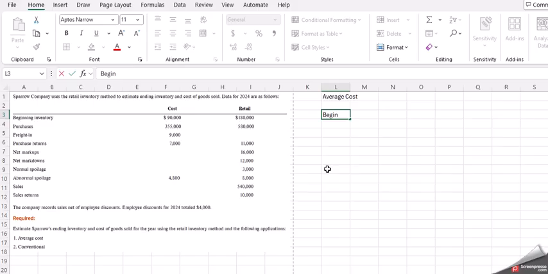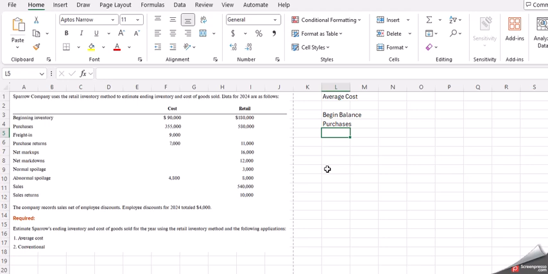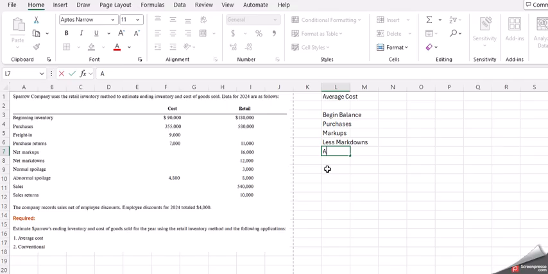We map out our beginning balance, add our purchases, but now we have to add markups and then less markdowns. And then that will give us what is available.